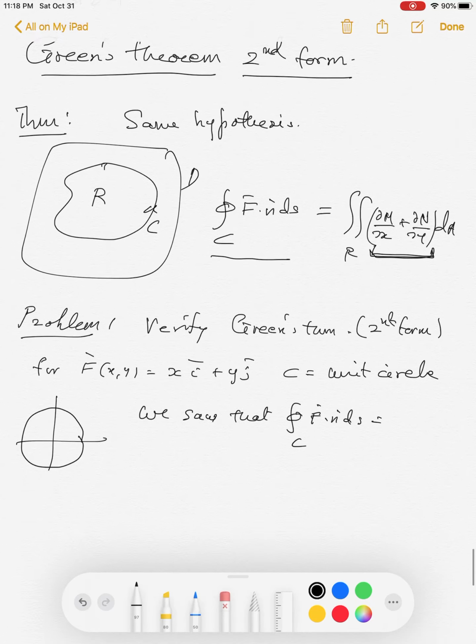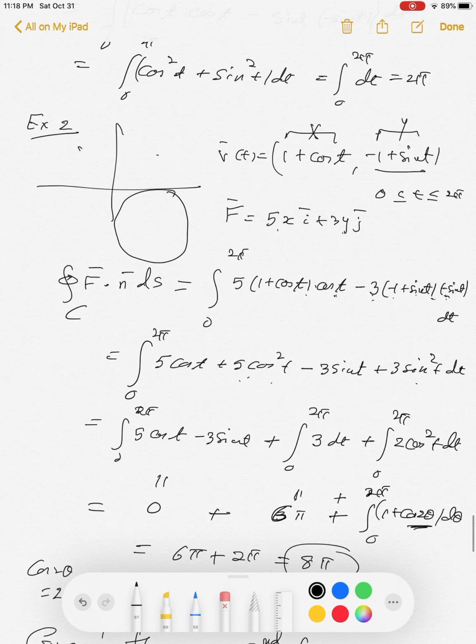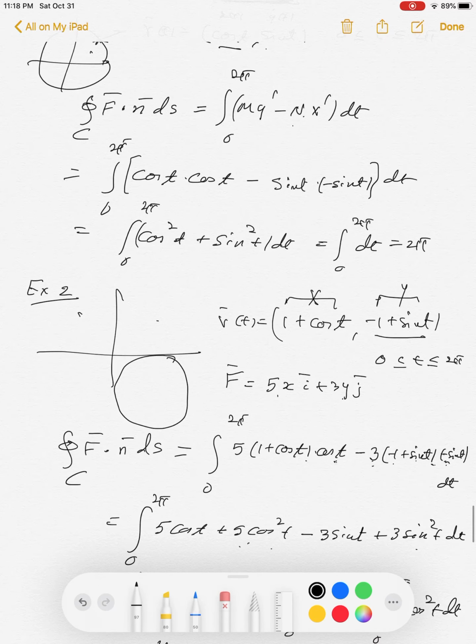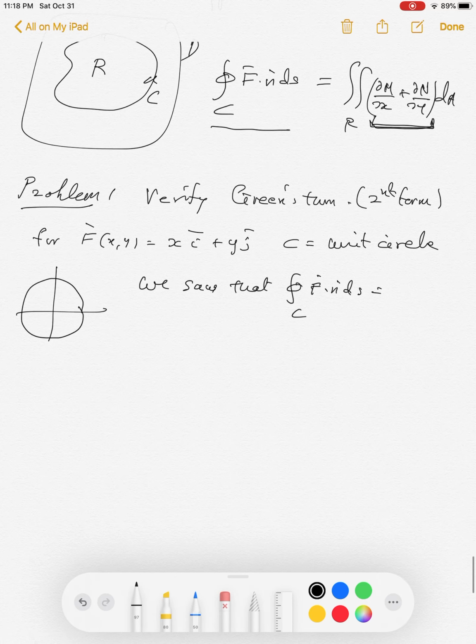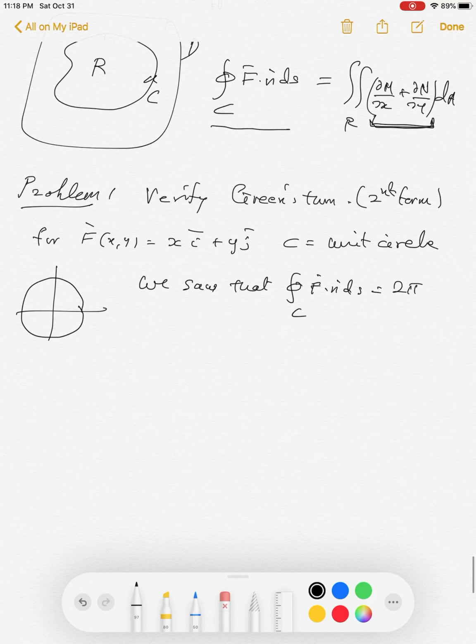So we saw that the flux integral of this vector field around this curve, the first example, came out to be 2 pi, isn't it? Yeah, that was 2 pi.